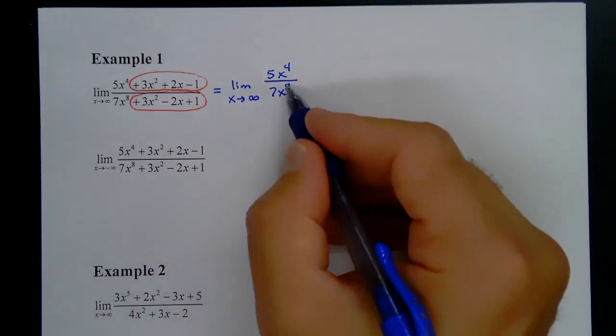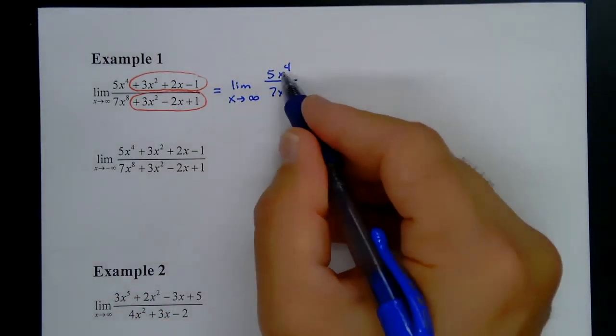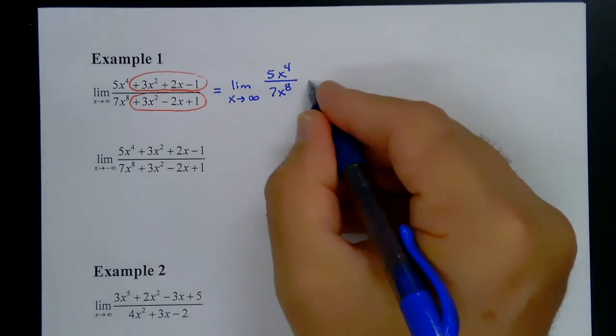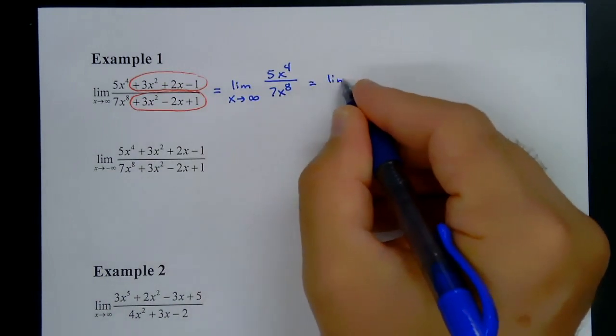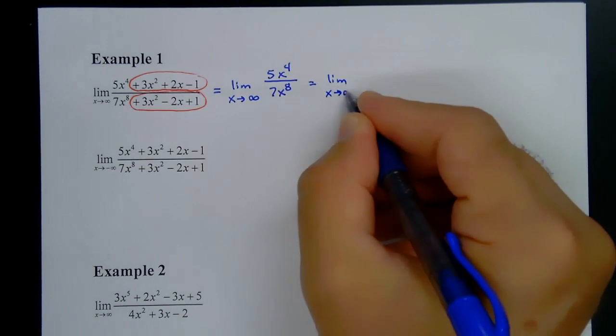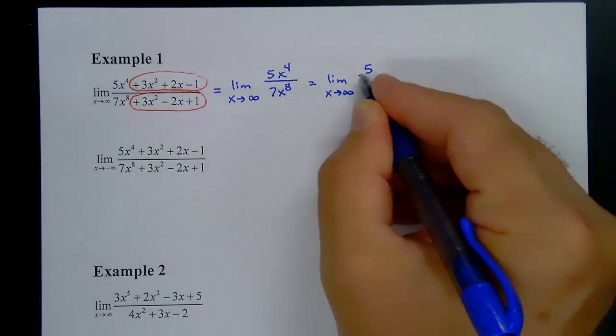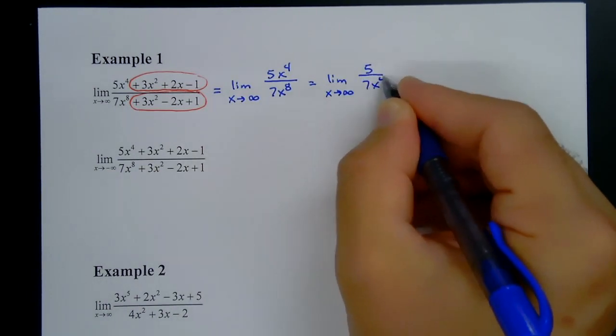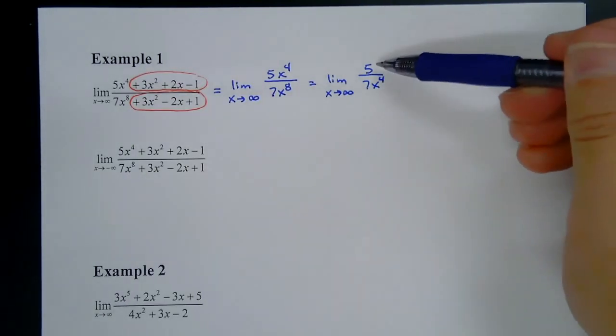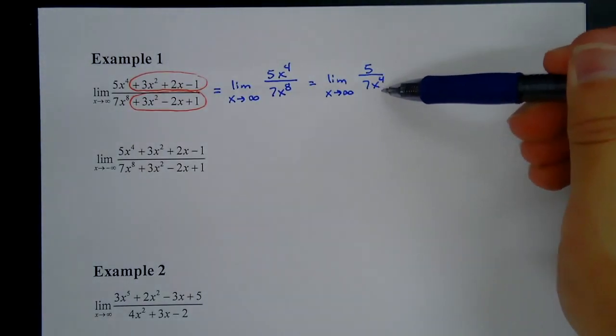And then we can reduce this a little bit because x to the fourth is going to cancel with 4 of these. So this becomes the limit as x approaches infinity of 5 over 7x to the fourth. Well, look, the numerator is 5. The denominator is 7x to the fourth.